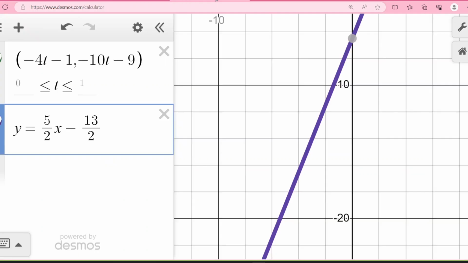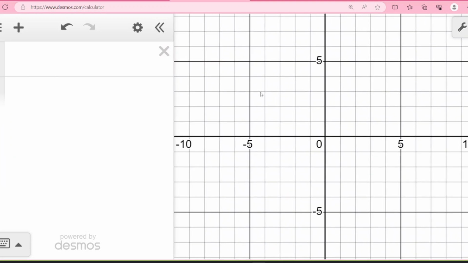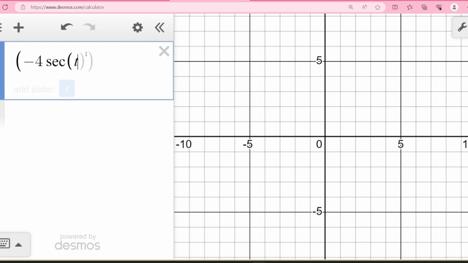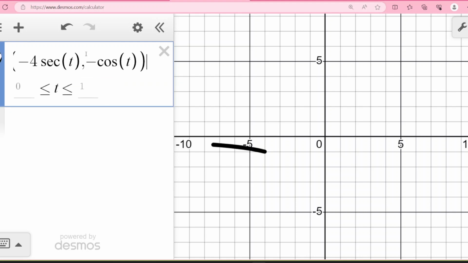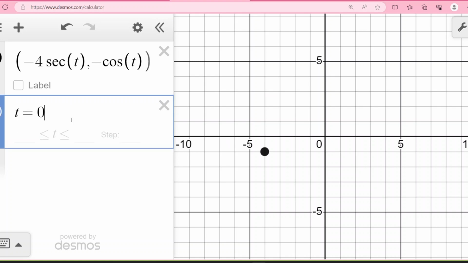Now, I could go to Desmos, like they said, and put these in and make sure I'm in radian mode here. And you see negative 4 secant t, comma, and then negative cosine t. All right, yeah, and you can see that, and I'll do the little when t equals 0 thing. We'll see how the point moves around. T equals 0, put a little start at 0.